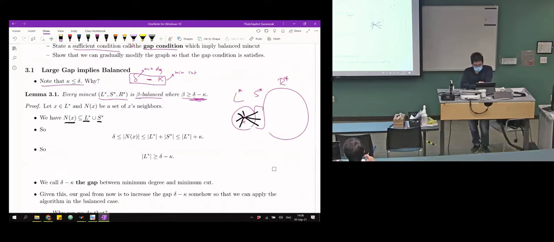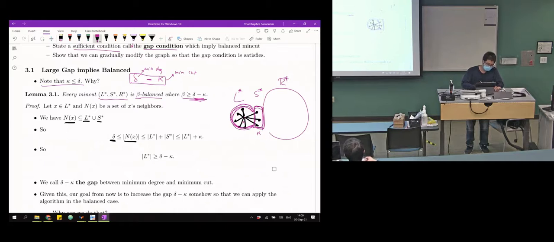How many of these neighbors are there? They are at least delta, right? But how many can be in S star? At most kappa. So if kappa is much smaller than delta, then this part must be big.